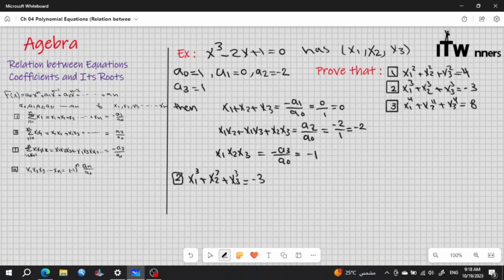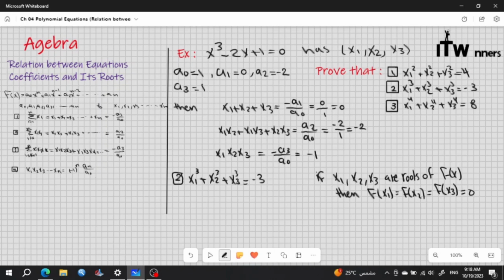So if x1, x2, x3 are roots of f of x, then f of x1 equals f of x2 equals f of x3 equals 0.